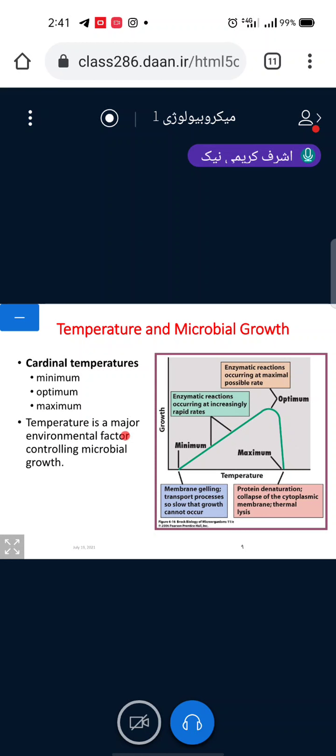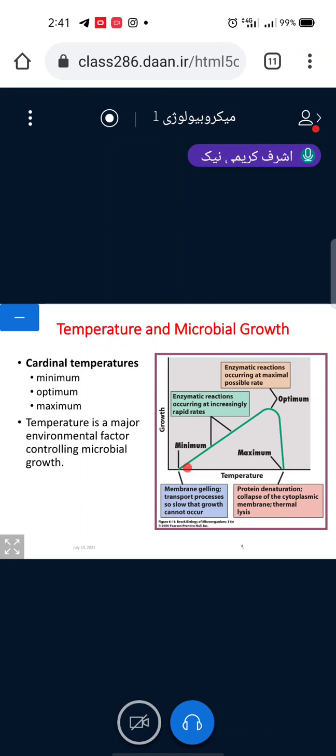Temperature is a major environmental factor controlling microbial growth. Each organism has a minimum temperature, optimum temperature, and maximum temperature at which it can grow.